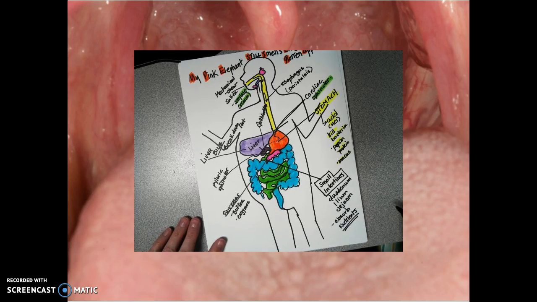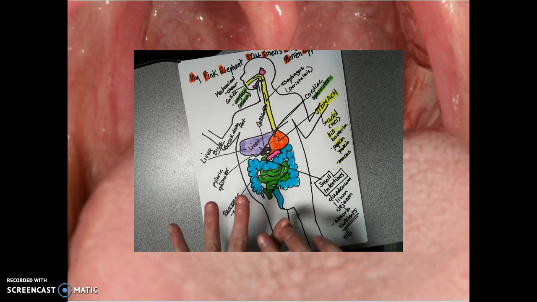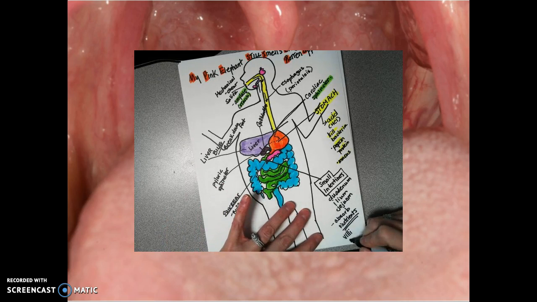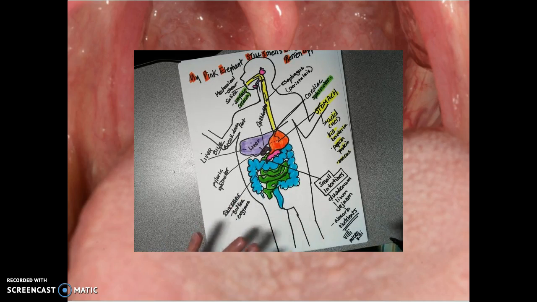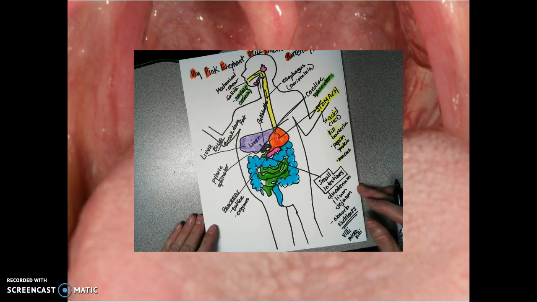And the small intestines has these really cool little appendages, these little tiny fingers almost. They're called villi. And then it has even fingers of fingers, like little baby fingers on the fingers, which are called microvilli. And that helps to increase the surface area of the small intestines so that it can better absorb.